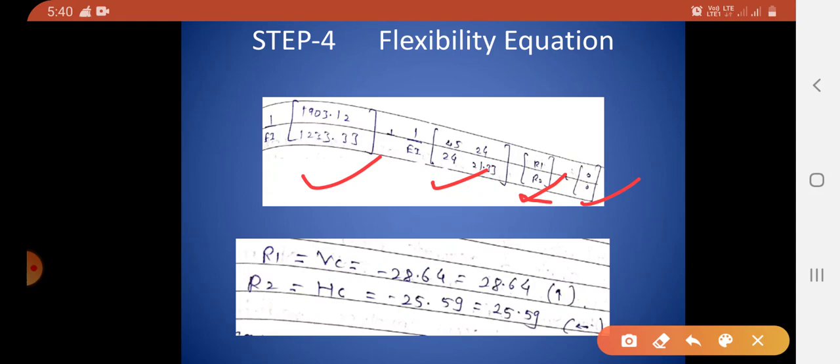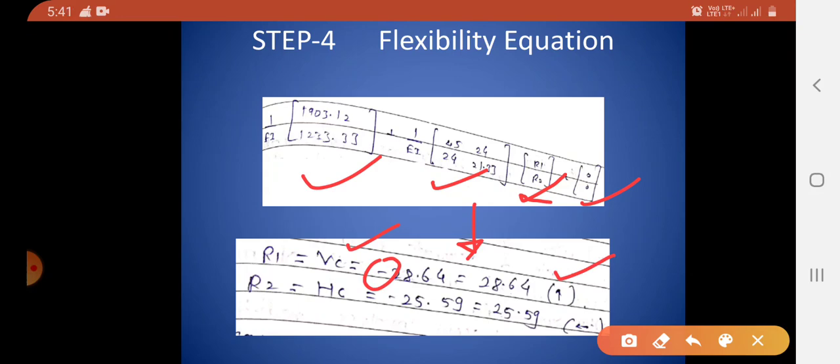So by solving these two simultaneous equations in matrix form, you will get the first value as R1, which is VC, and it is coming minus. Remember, you have assumed it as downward and the value is negative, means actually it is positive, and that is upward.